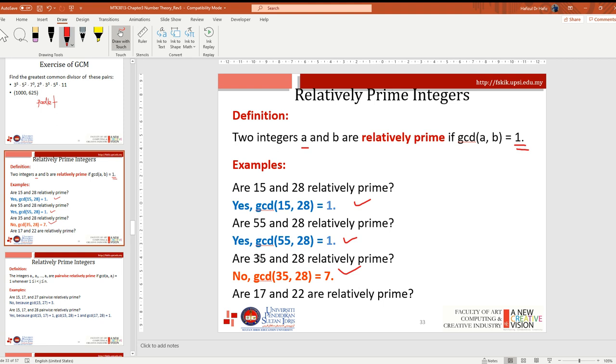Okay, in mathematics, two integers a and b are called relatively prime when there is no common factor other than 1. Are 17 and 22 relatively prime or not?